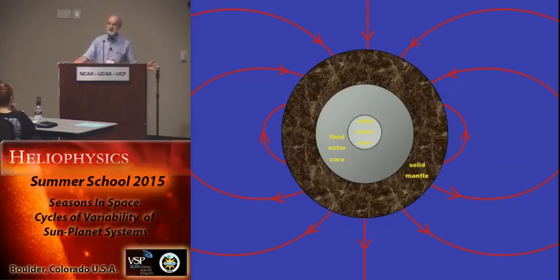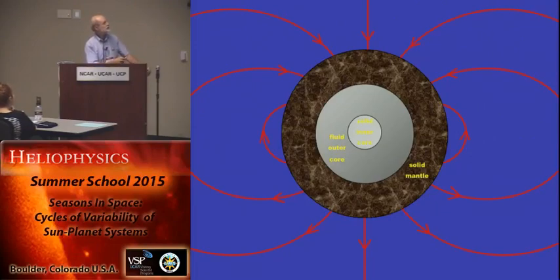So a millimeter per second is 1,000,000 times faster than the mantle flow, but it's still very slow compared to things we're used to, the winds on the surface of the Earth or the ocean flows. So all these different regions have very different material properties and time scales and physics and everything else.